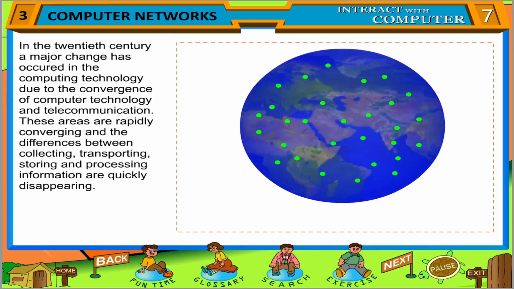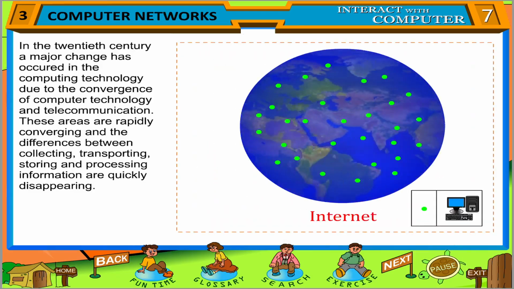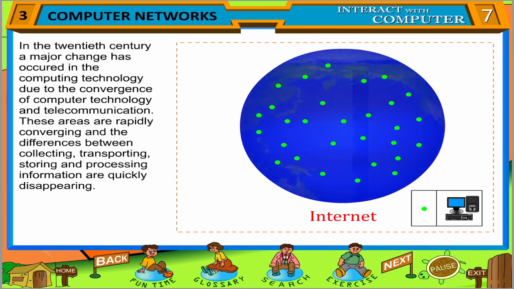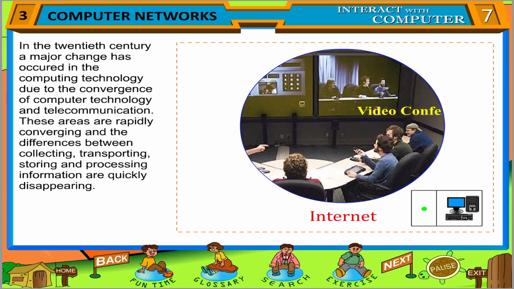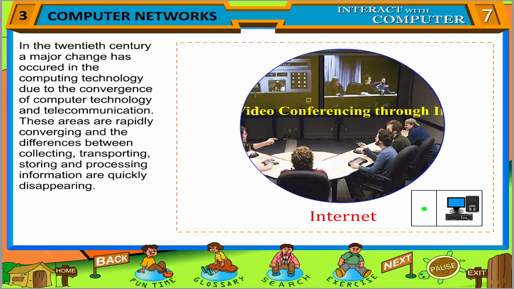In the 20th century, a major change has occurred in computing technology due to the convergence of computer technology and telecommunication. These areas are rapidly converging, and the differences between collecting, transporting, storing, and processing information are quickly disappearing.